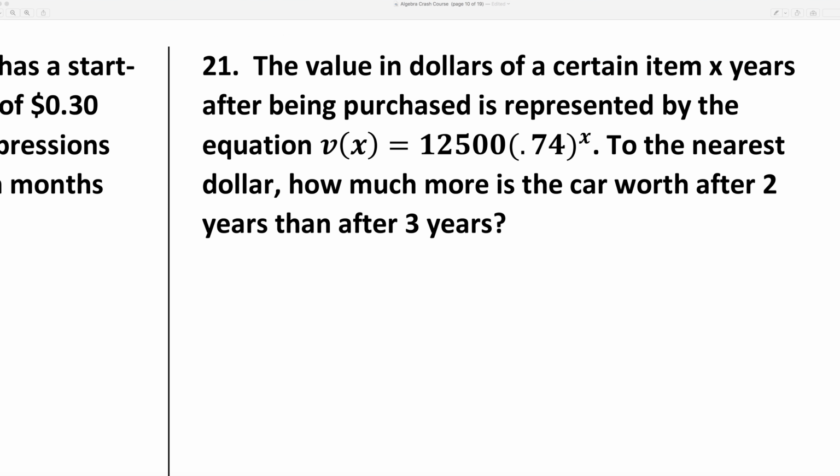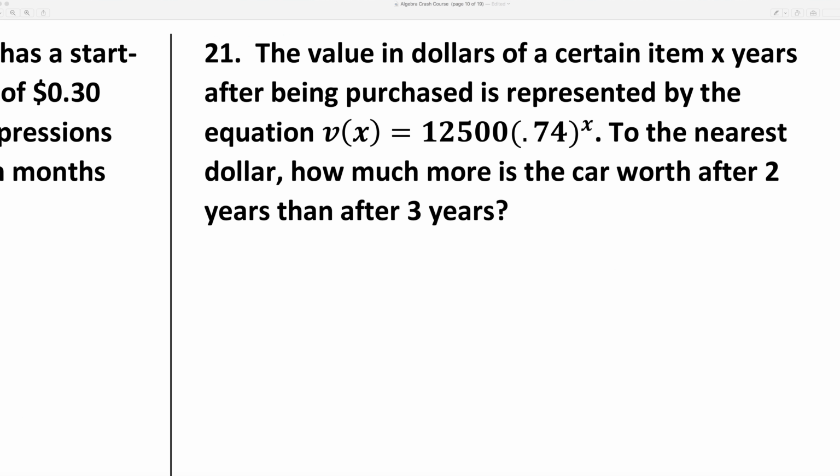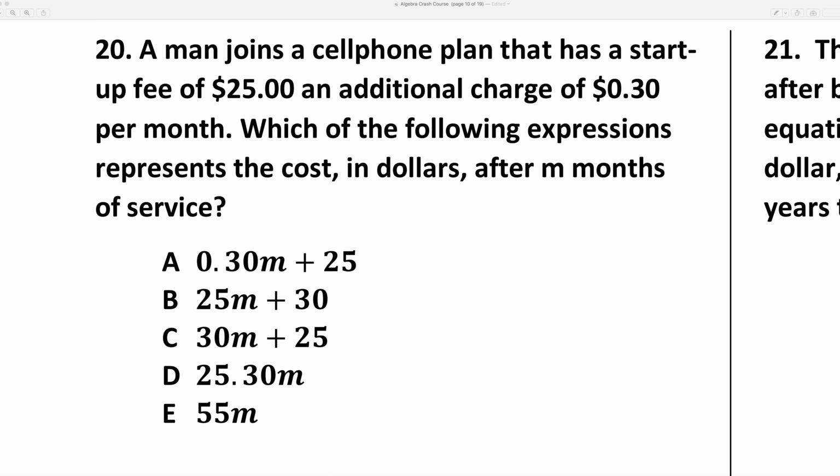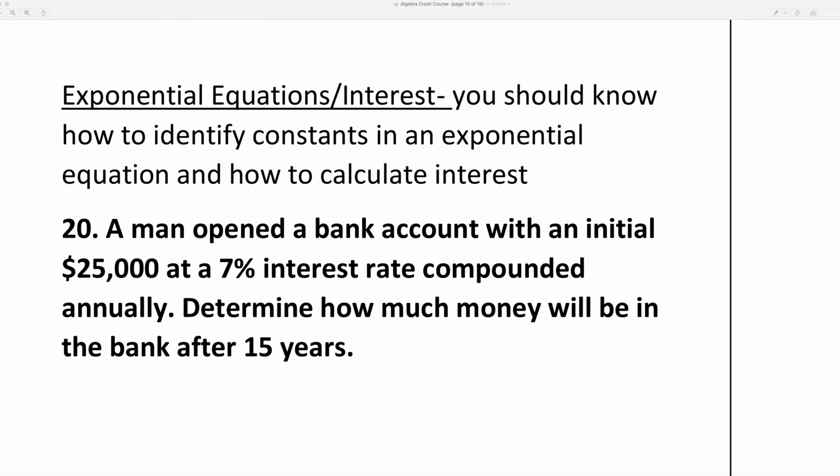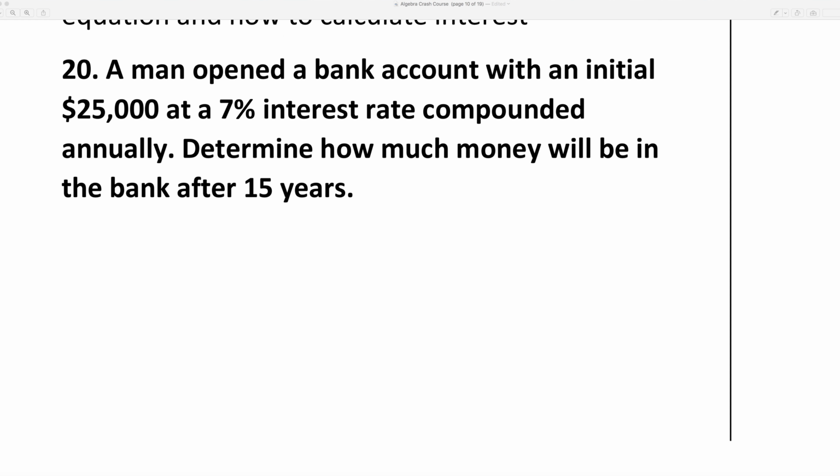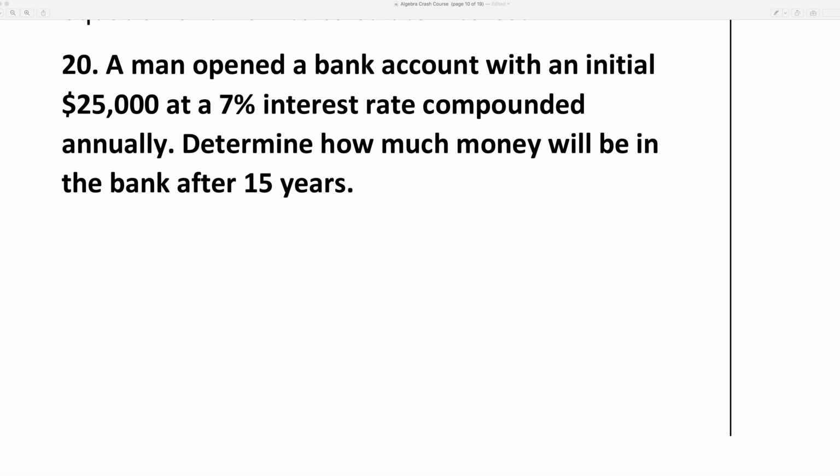Okay. The next question is, how much more is the car worth? Oh, wait, so we have another exponential interest question. Yes. Okay, so this is a new type of formula. It's exponential. Now, there's two different ways that you could increase something over time.